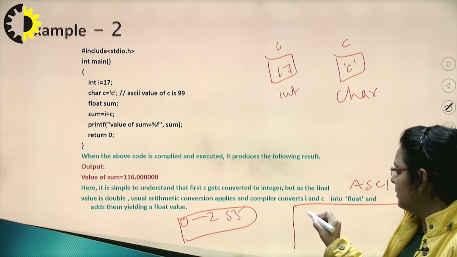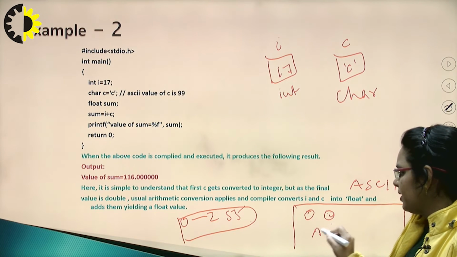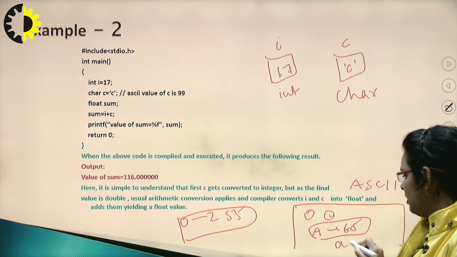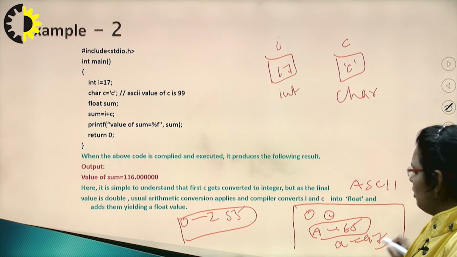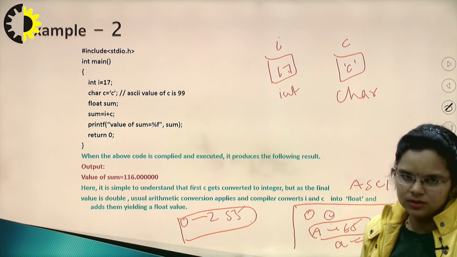Suppose A has a value 65, and small a has value 97. So this is how everything is mentioned.